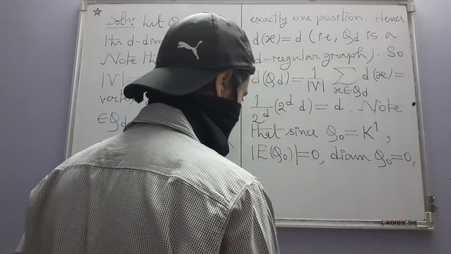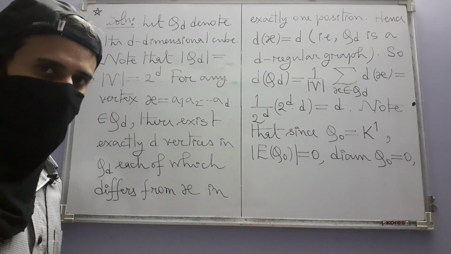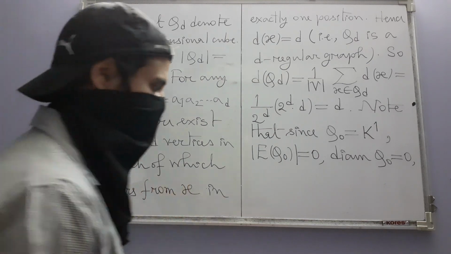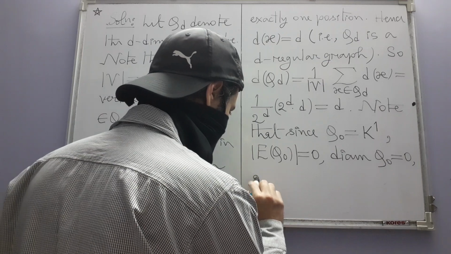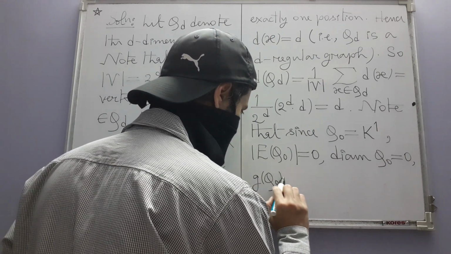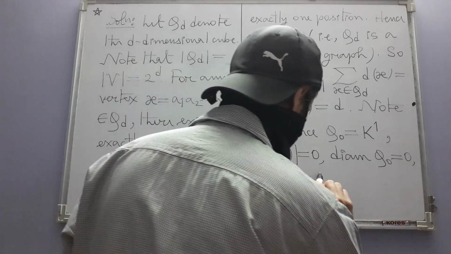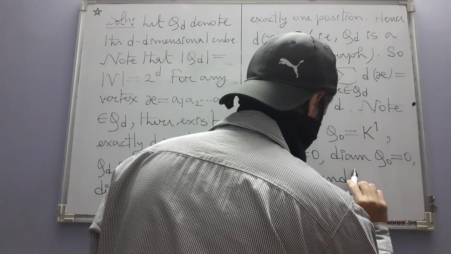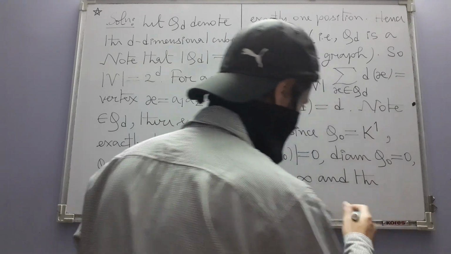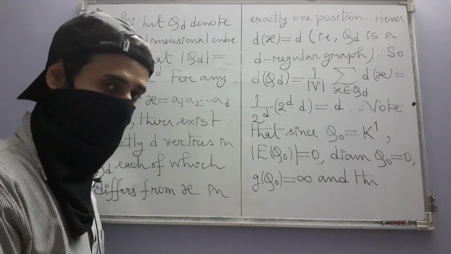So that is the diameter. And because there is no cycle, only one single vertex, how can there be a cycle? So the girth by definition is infinity, and again because of the lack of any cycle, the circumference is 0 by definition.